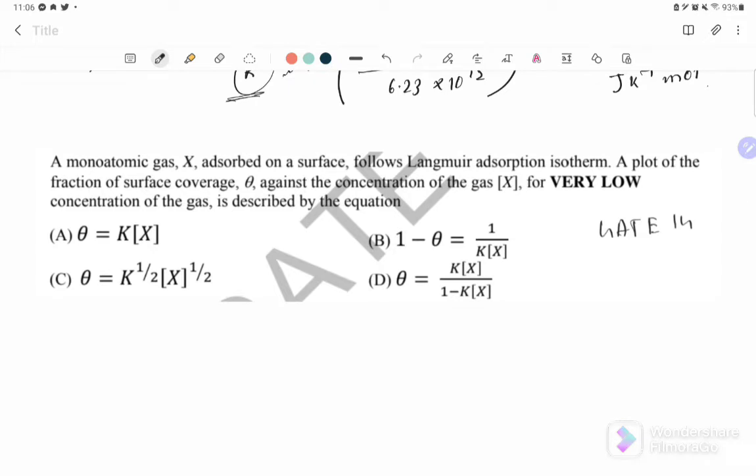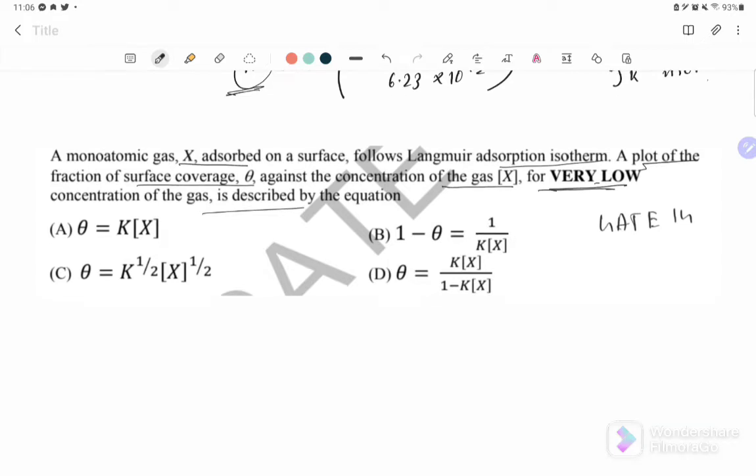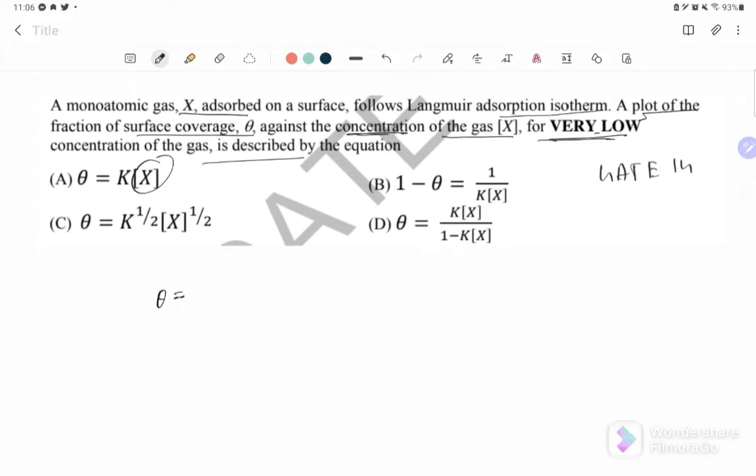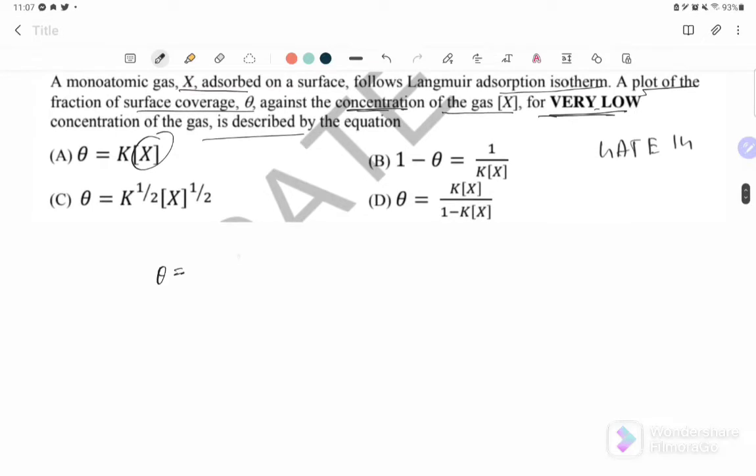So what is the question? The monoatomic gas X adsorbed on a surface follows Langmuir adsorption, and the plot of fraction of surface coverage theta against concentration of X is for very low concentration. For Langmuir adsorption we know that theta will be KP by 1 plus KP, where P is the partial pressure. Here it is concentration, so the equation will be KX by 1 plus KX.